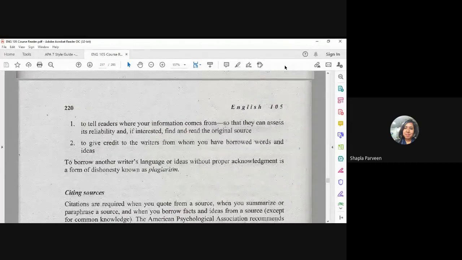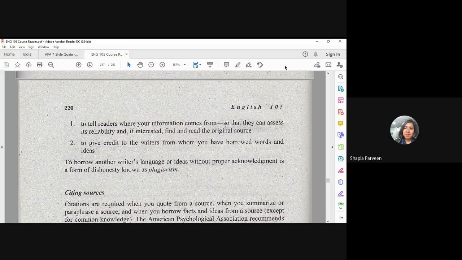The other one is, yes, when you borrow information from other writers, you must give credit to them because they're the ones who have published a paper, a journal article, magazine article, newspaper, or anything. Nowadays, of course, other sources are included, like media. You can borrow information from news channels or YouTube, anything.